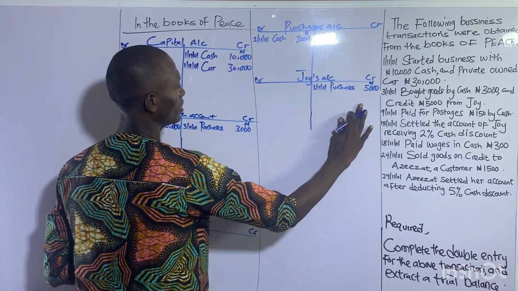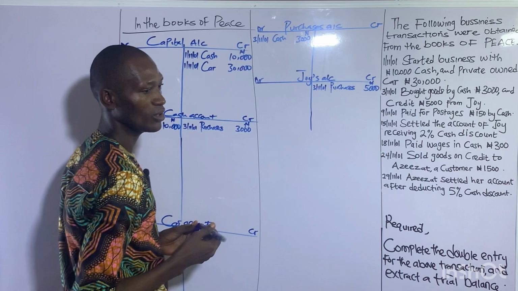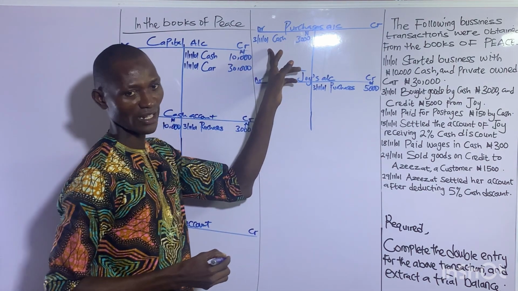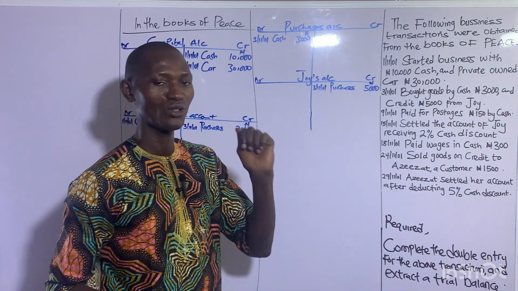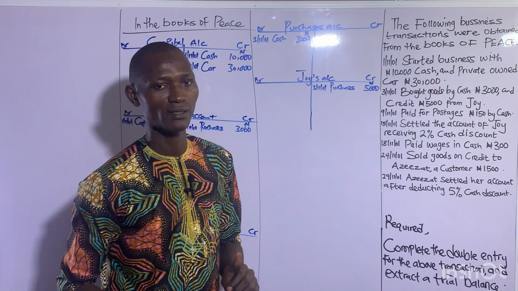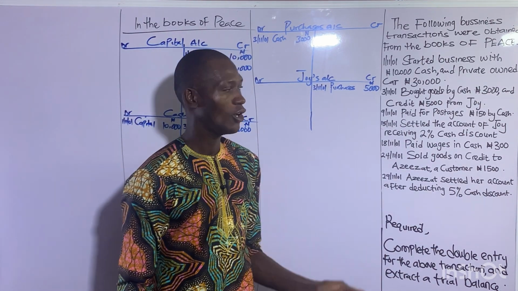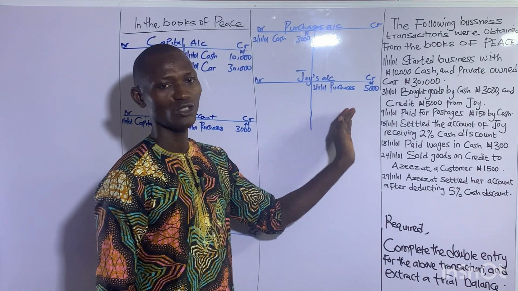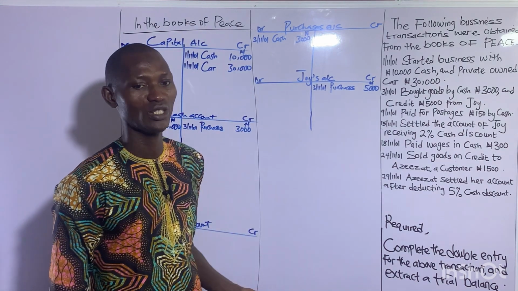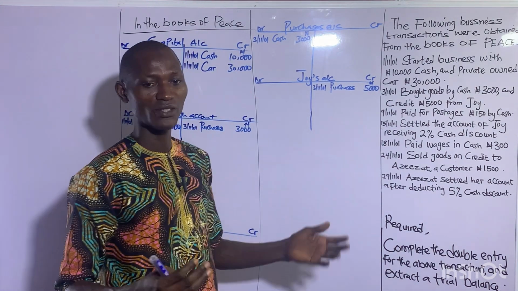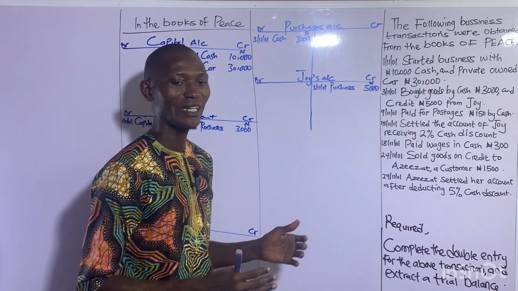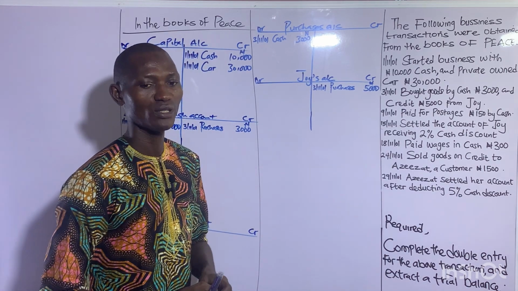For every credit entry, there must be a corresponding debit entry. That's in purchases account. We are still falling back to the double entry principle, which states that if you are debiting one account, you must credit the other account. Or if you are crediting one account, you must debit the other account. That's double entry principle. The summary is just for every debit entry, there must be a corresponding credit entry.